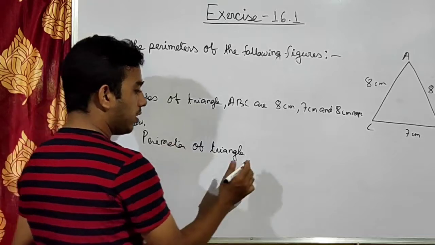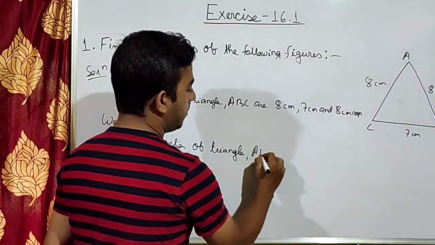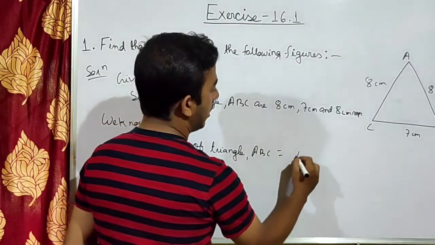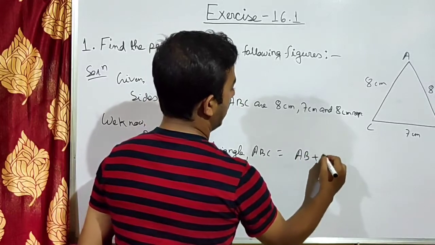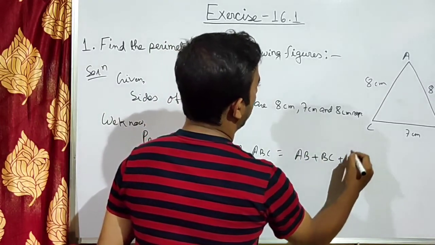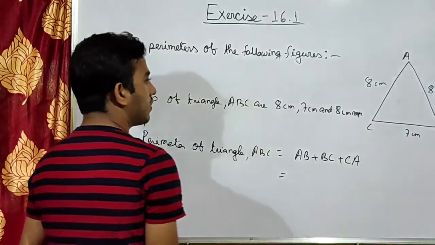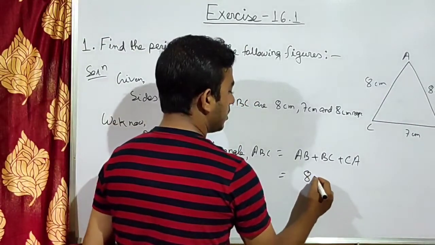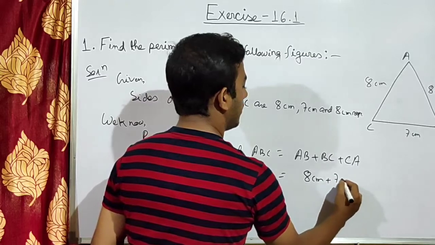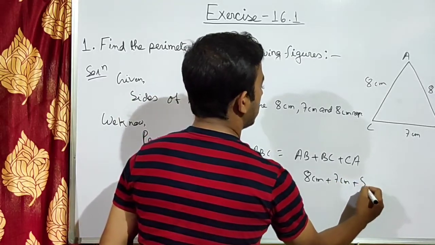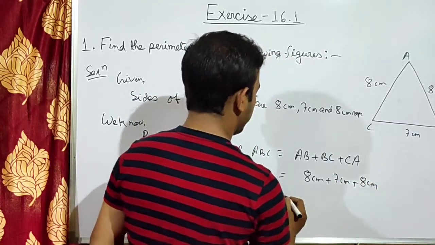So can we write perimeter of triangle ABC equals AB plus BC plus CA? Yes. So in place of AB we will write 8 centimeter, BC 7 centimeter, CA 8 centimeter.